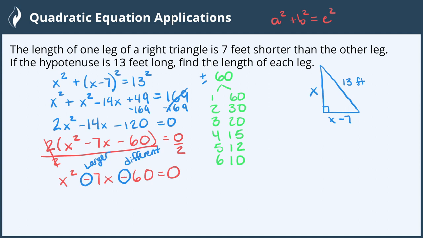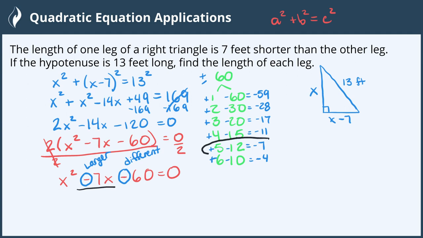So we can go to our factors and fill in all of our larger factors with negatives, and all of the smaller factors with positives. When we combine these, we'll get negative 59 for the first, and negative 28 for the second, and so on. And we're looking for the factors that will give us the middle term of negative 7.